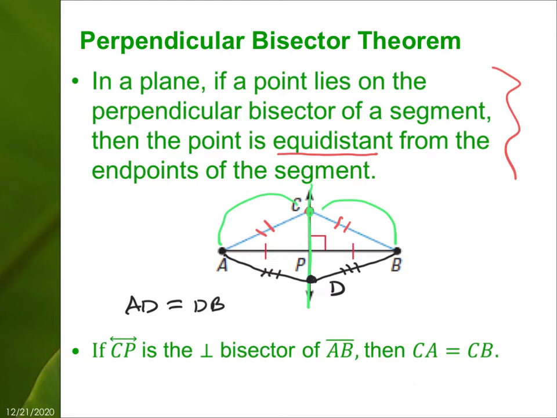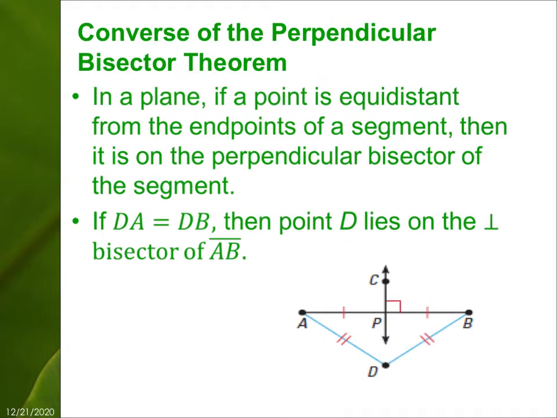Next, we're going to see the converse of the perpendicular bisector theorem. Again, remember the converse switches the if and the then. So now, instead of starting out with the perpendicular bisector, we're going to be shown that they're equally distant. So in a plane, if a point is equally distant from the endpoints of the segment, then it is on the perpendicular bisector of the segment.